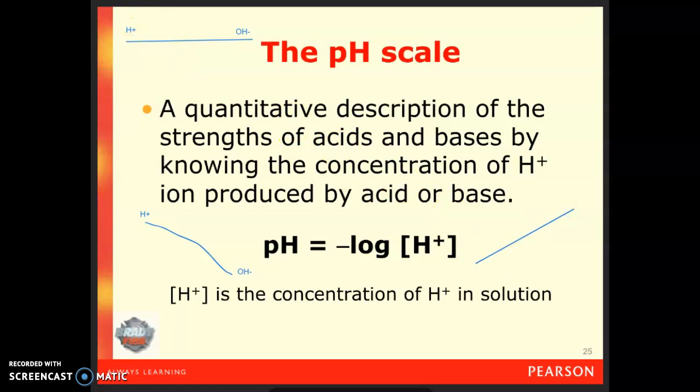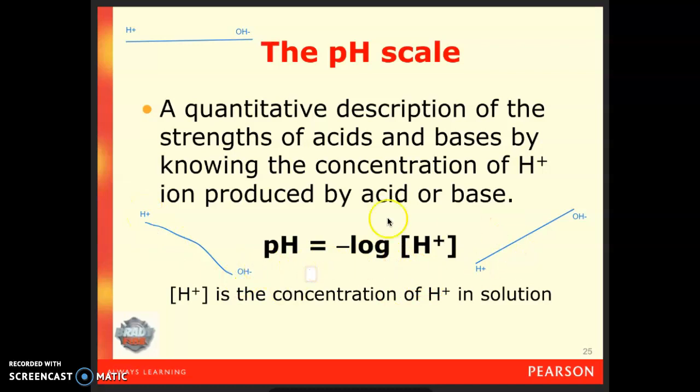They will have a relatively low concentration of hydrogen ion and a relatively high concentration of hydroxide. But we need to keep in mind that all will be present at the same time. We will always have hydrogen ion even in high concentrations of hydroxide. We will always have hydroxide even in high concentrations of hydrogen ion.